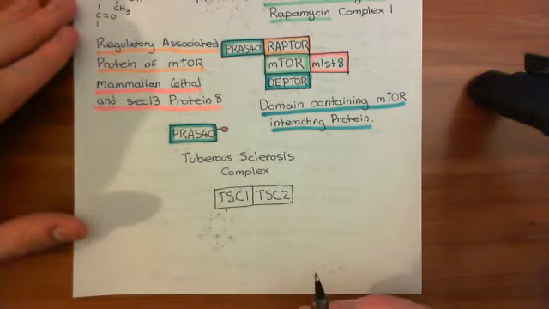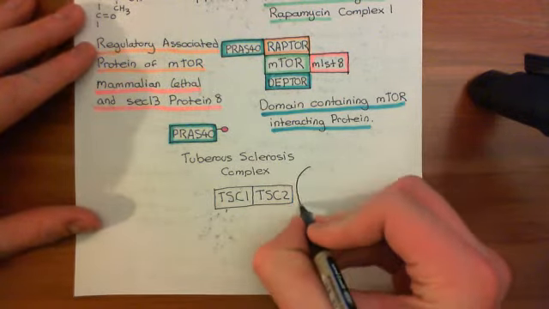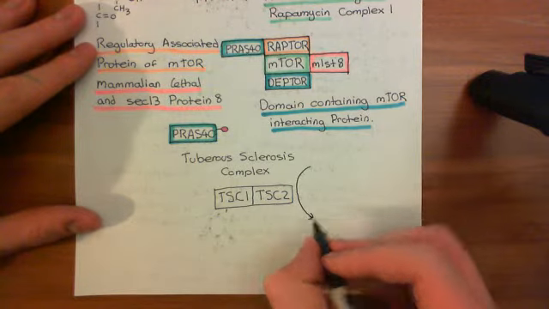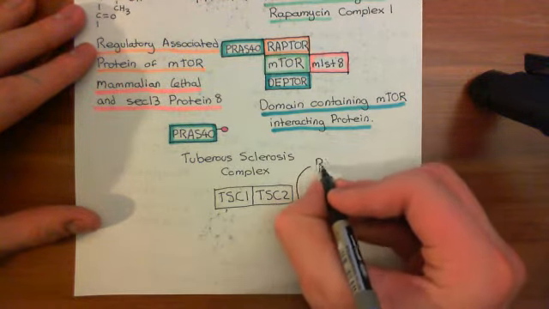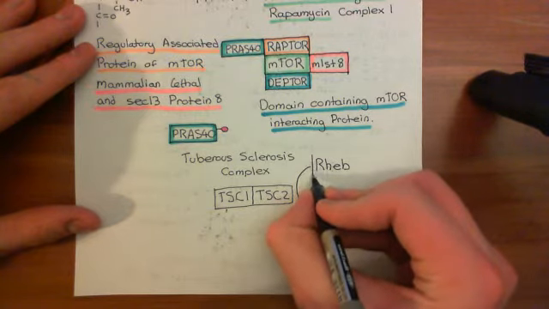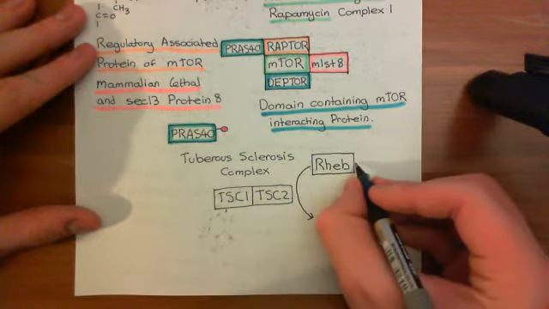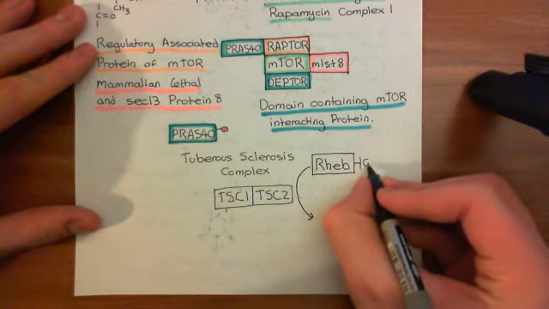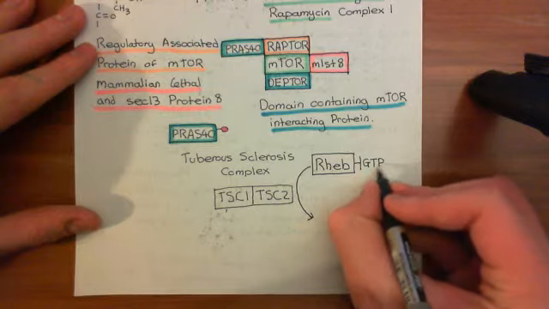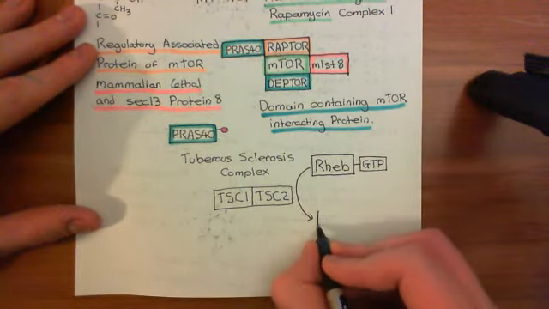And the reaction they catalyze is the turning off of a certain G protein, a certain monomeric G protein. Okay, so there is a certain monomeric G protein known as the Rheb G protein. And like all G proteins, Rheb has two states. It has an on state where it is bound to guanosine triphosphate, GTP, and it has an off state where it is instead bound to guanosine diphosphate.